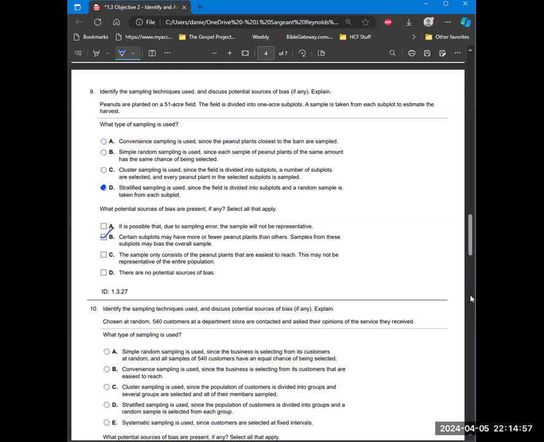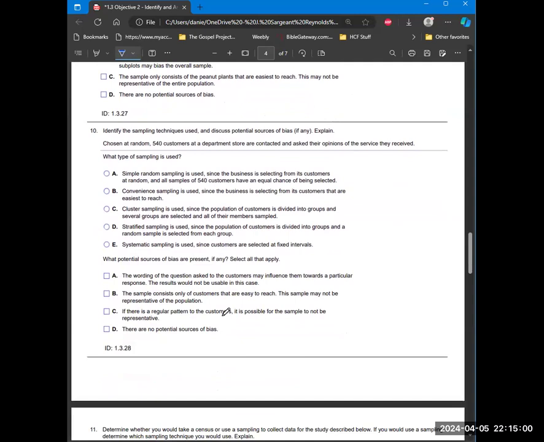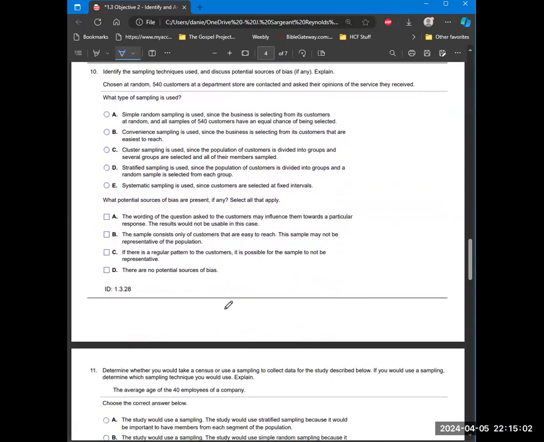Let's look now at number 10. Identify the sampling techniques used and discuss potential sources of bias, if any. Chosen at random, 540 customers at a department store are contacted and asked their opinions of the service they received.